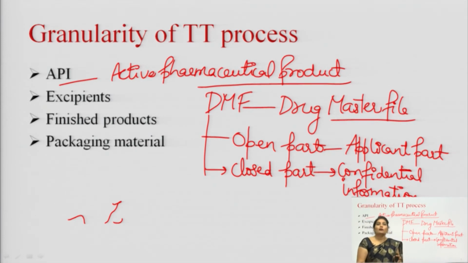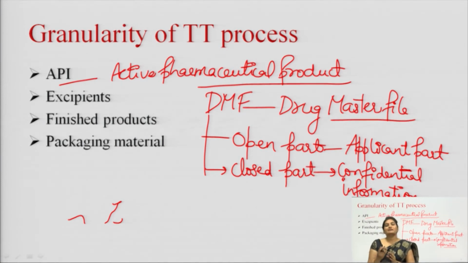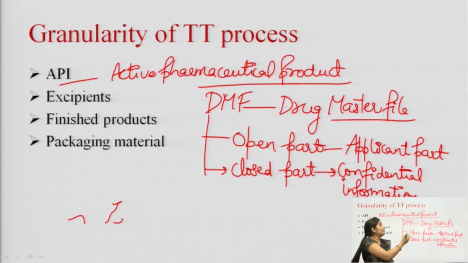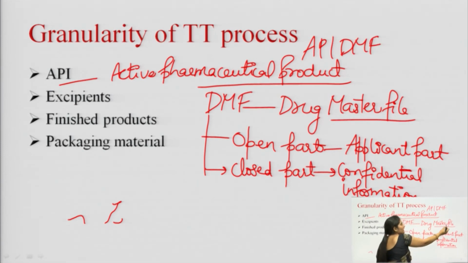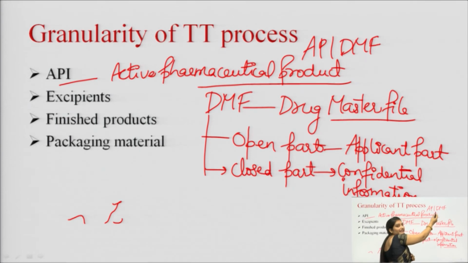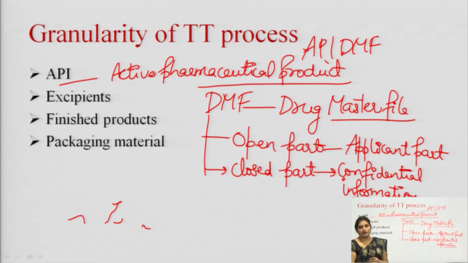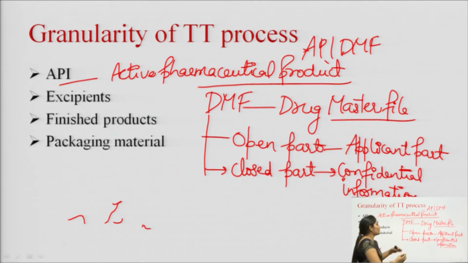Okay. So, all the information related to the active pharmaceutical ingredient should be transferred by the sending unit to the receiving unit, and this will be done in the form of DMF, drug master file, or API DMF. API DMF stands for active pharmaceutical ingredient drug master file. And this DMF consists of 2 parts, open part and closed part.